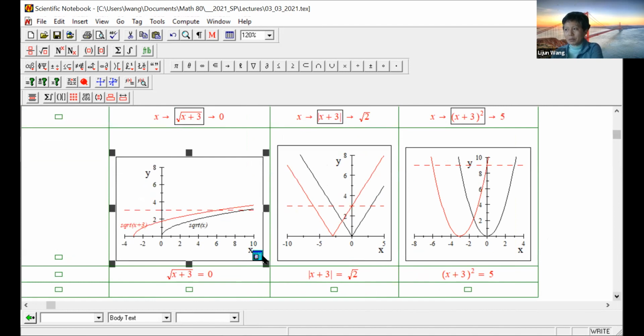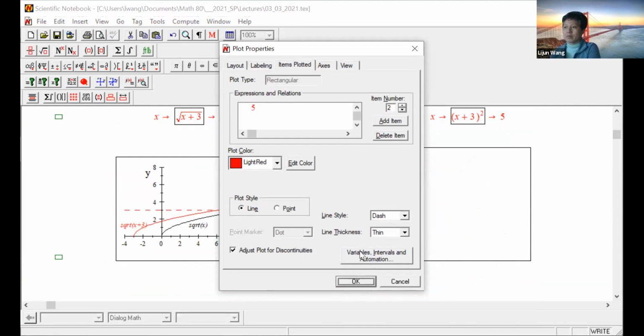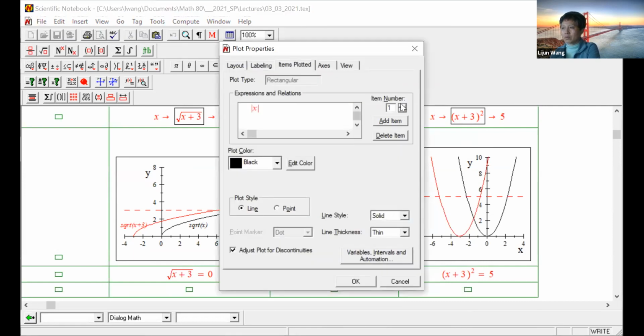So new picture, but still the same horizontal line, the output is given. We want the output to be 0. We want the output to be √2. I want the output to be 5. So this output, we want it to be 5. This output, we want it to be square root of 2. Instead of 3, we want square root of 2.